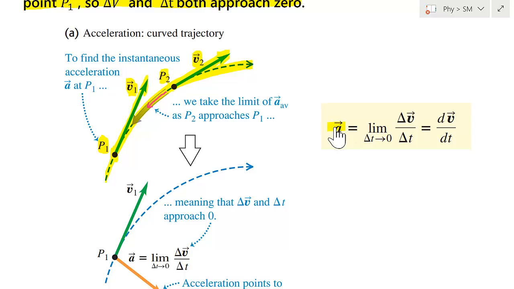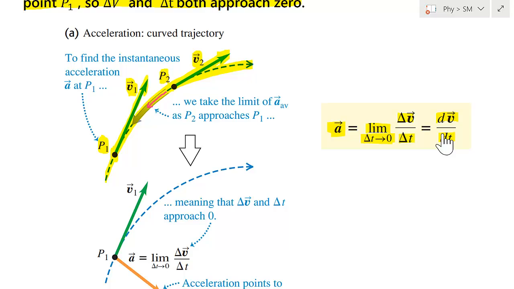Instantaneous acceleration is equal to the limit of delta v by delta t, that is the average acceleration, when delta t tends to 0. When delta t tends to 0, the average acceleration gives the instantaneous acceleration, which is written simply as dv by dt.